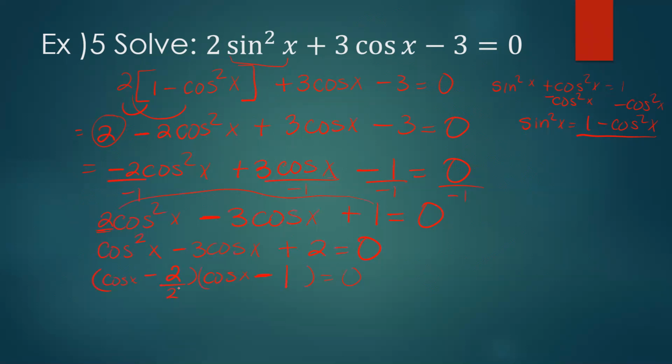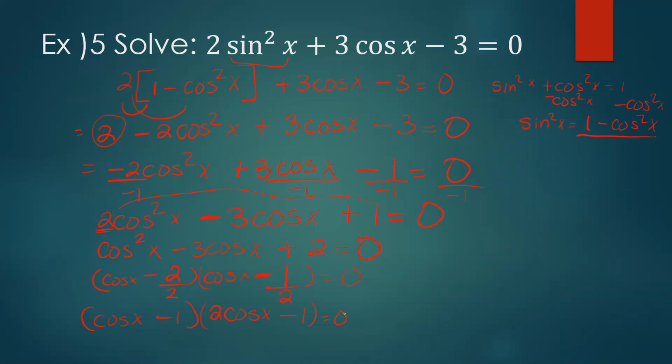So divide this negative 2 by 2, and then this negative 1 by 2. So you get cosine of x, and then this is just negative 1, parentheses. And then this negative 1/2 cannot be reduced. So what you're going to do is bring the 2 in front of the cosine x. So that's 2 cosine of x minus 1 equals to 0.